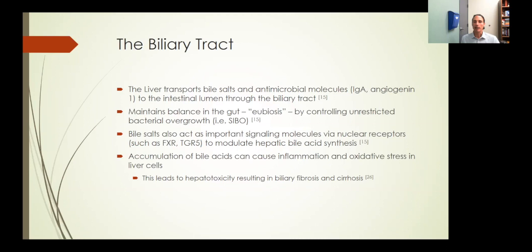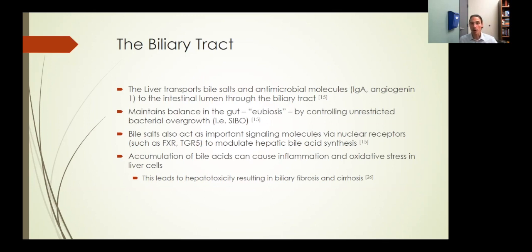So the biliary tract, the liver, transports the bile salts and antimicrobial molecules like IgA and angiogenin to the intestinal lumen. This helps maintain what they call eubiosis, a healthy, happy, good microbiome. It prevents overgrowth of the bacteria, so it kind of keeps SIBO, or small intestinal bacterial overgrowth, in check.